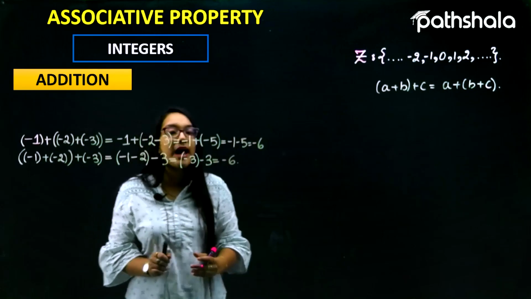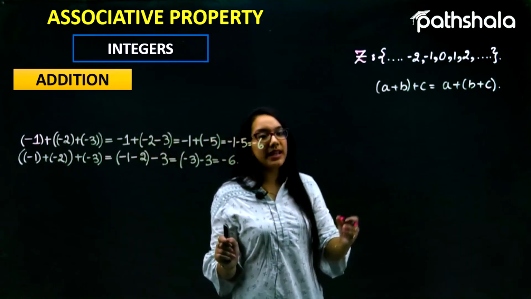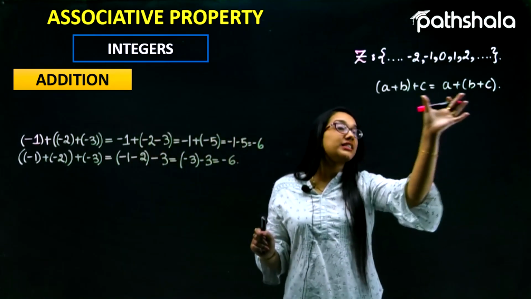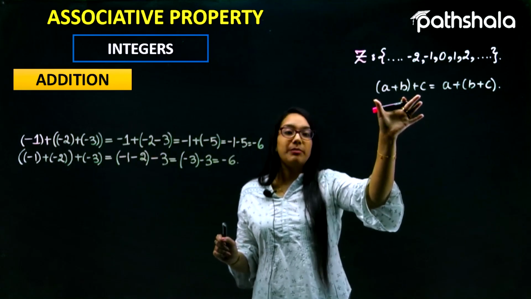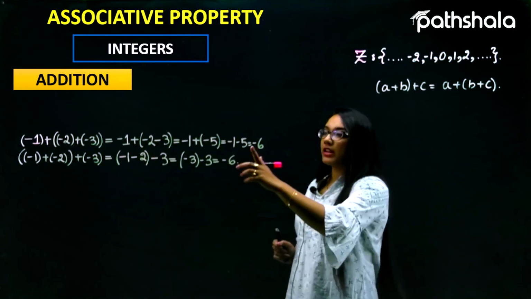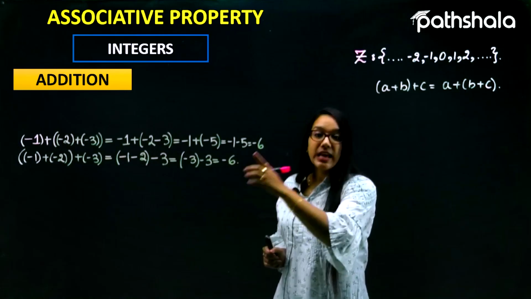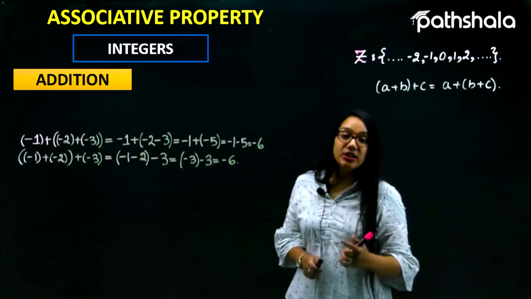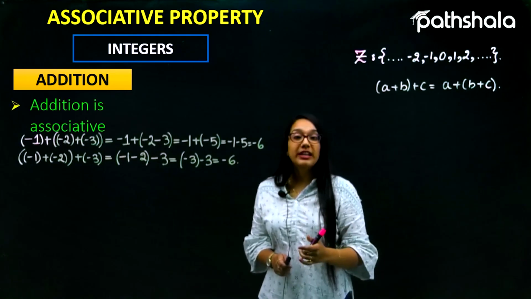So it means that (a + b) + c is equal to a + (b + c), because both of them are giving the answer as minus of 6. It means that addition is associative in nature.